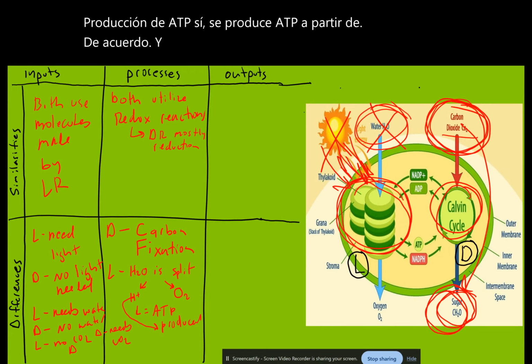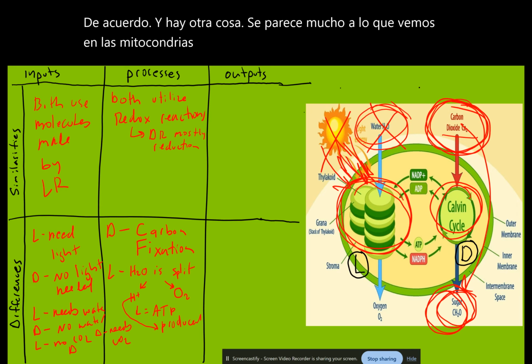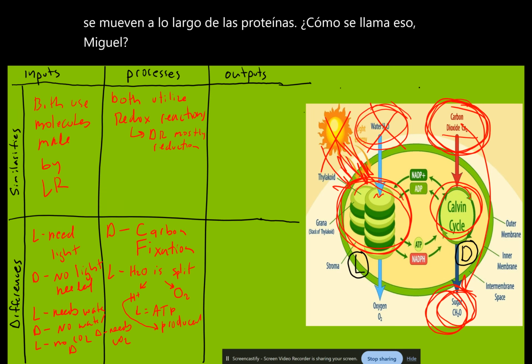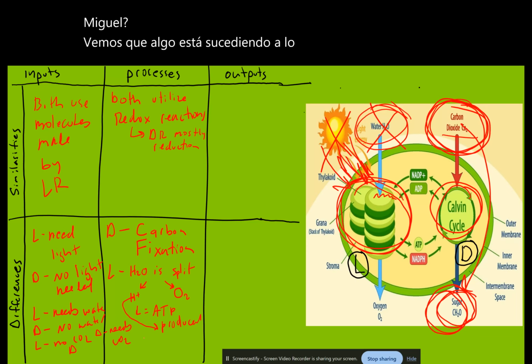It looks very similar to what we see in the mitochondria to make ATP. It's when electrons are moving around along proteins. What's that called, Miguel? We see something happening along the thylakoids. You have it in your diagrams.